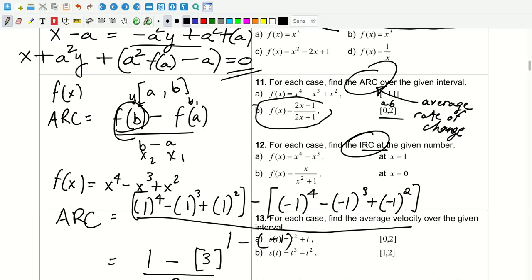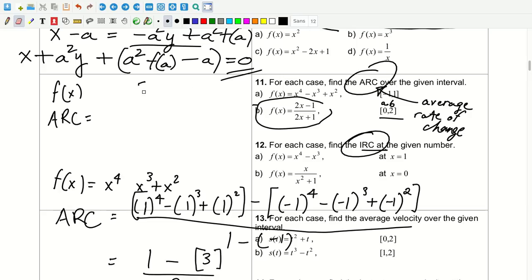And then for instantaneous rate of change, it's not as straightforward, I think. It needs a little bit more thinking.